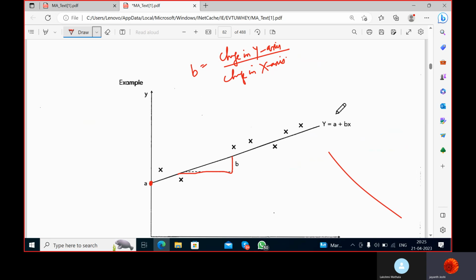This is b, which is constant, this is a, which is constant, and x is what here, Hamsika? X is the independent variable. Are you following? Yes, sir. And y is the dependent variable. Okay, you can make a note of this, Hamsika.